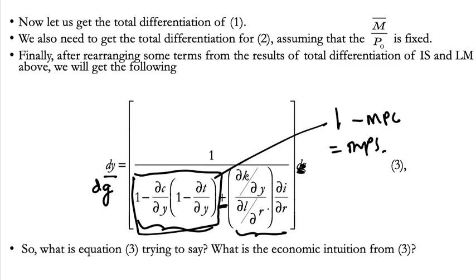But the second term here, you can see this term. This term exists because we incorporate the money market. When we incorporate the money market, we incorporate LM. When we incorporate LM, we incorporate the effect of R on the components of AD, or aggregate expenditure, or IS, and also the effect of R on the money market and how it can affect AD or AS or IS.